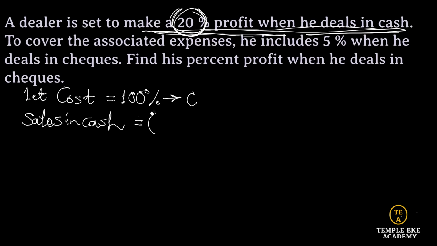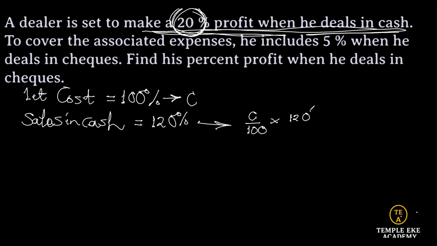So 120%. We can find the sales in terms of C. 100% represents C. So 120 by simple proportion will be C divided by 100 multiplied by 120. 100 represents C, 120 will represent C divided by 100 multiplied by 120.